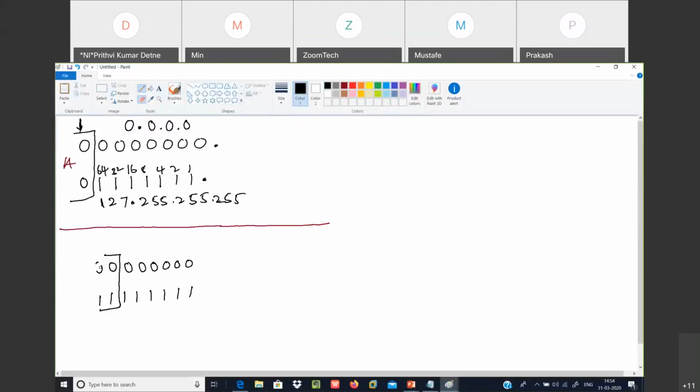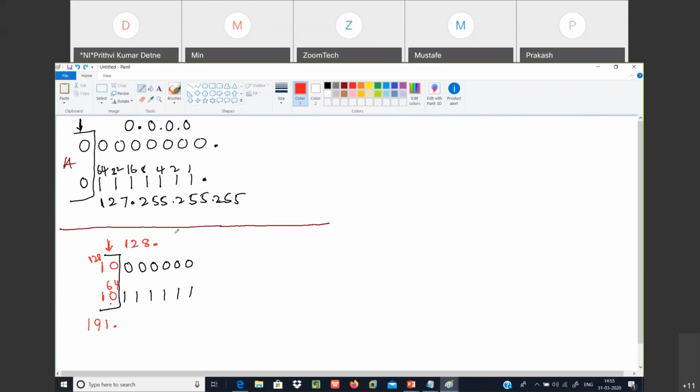So make this 1, 0 for both the lowest and the highest. The first bit value is 128, so the lowest is 128. For the highest, all bits are ones but 64 is off, so 255 minus 64 gives 191. So 128 to 191 is the class B range from the first octet.